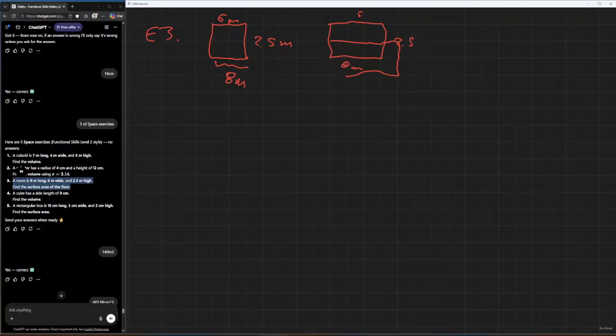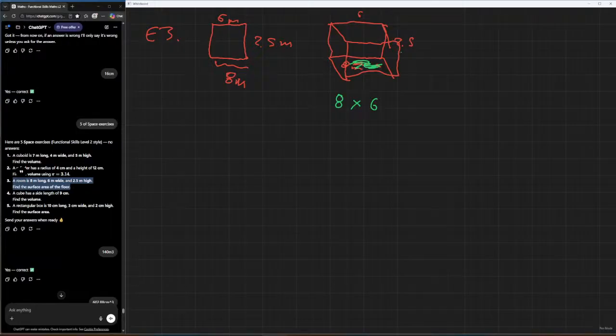If I do it like this, this one is so much better. We need to find the area of the floor. Then we only need to multiply 8 times 6, right?